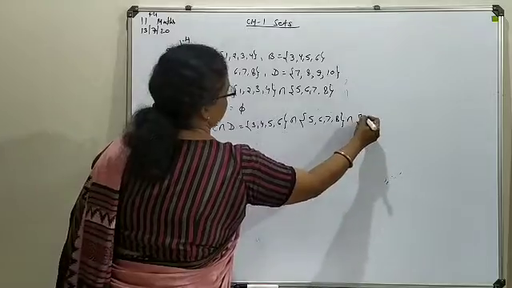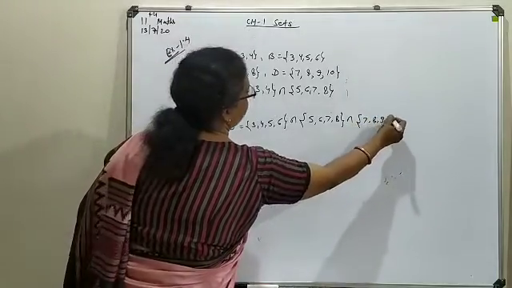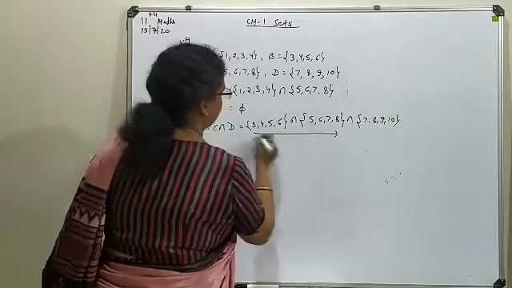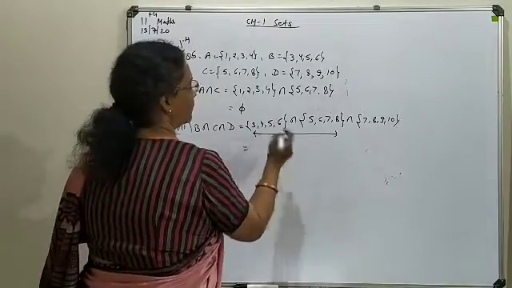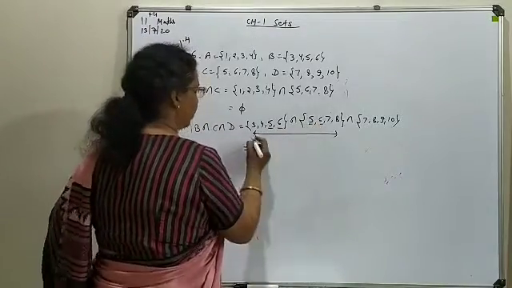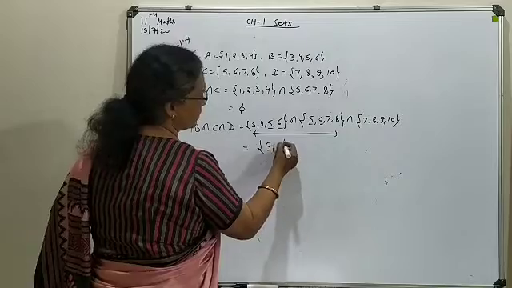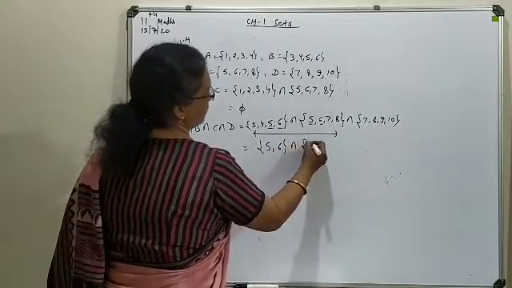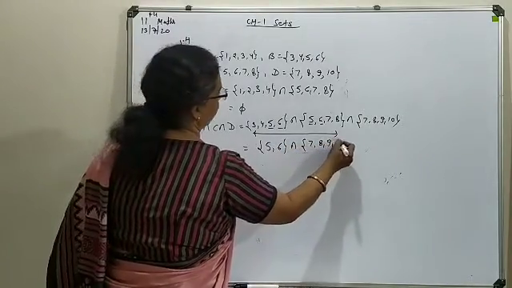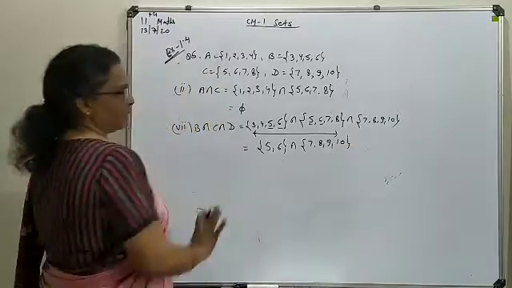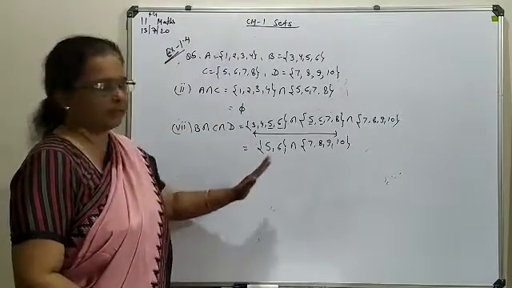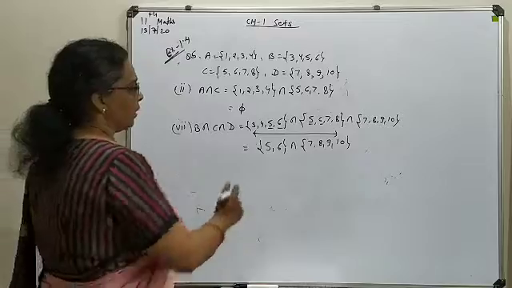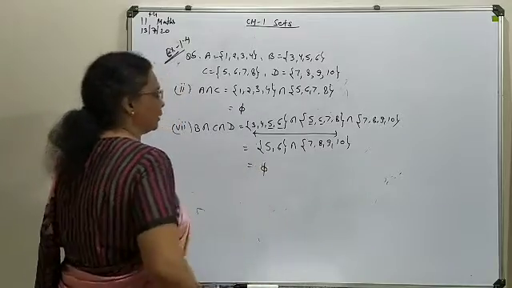In your D you have 7, 8, 9 and 10. Now combine 2 to perform the intersection. Here in the intersection, 5 and 6 are the common elements. So 5 and 6 you list out over here, intersect with 7, 8, 9 and 10. Here also you can see not a single element is common. So again, as the answer you will write the null set.